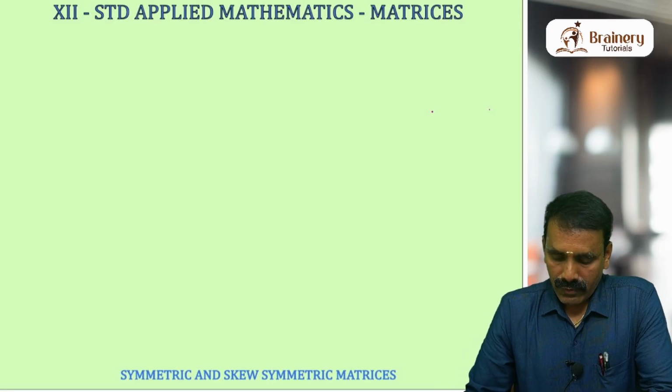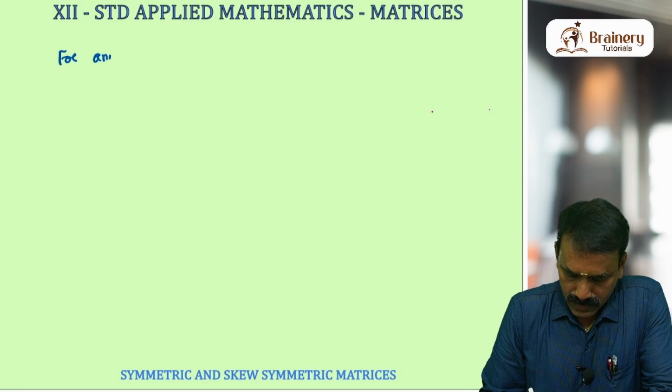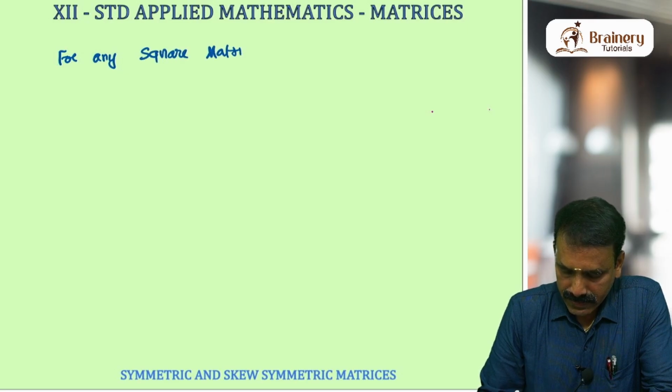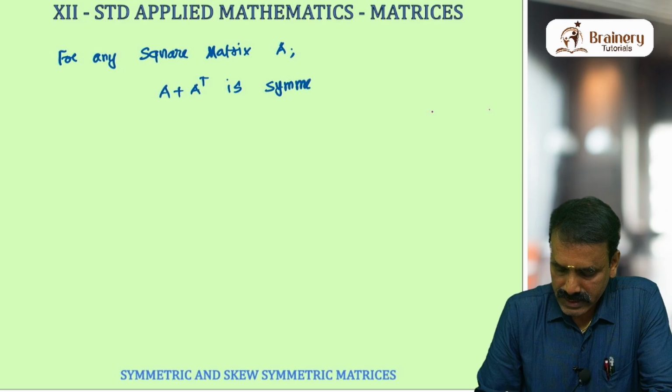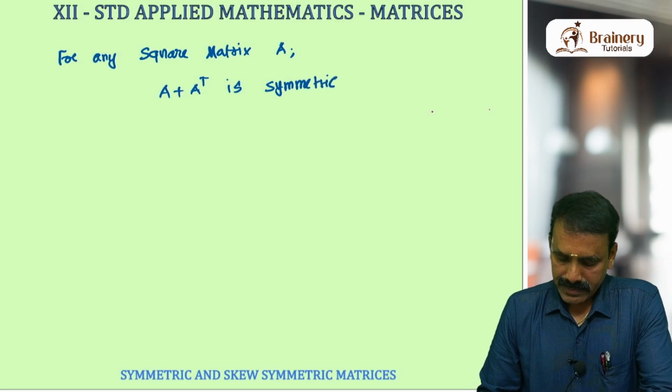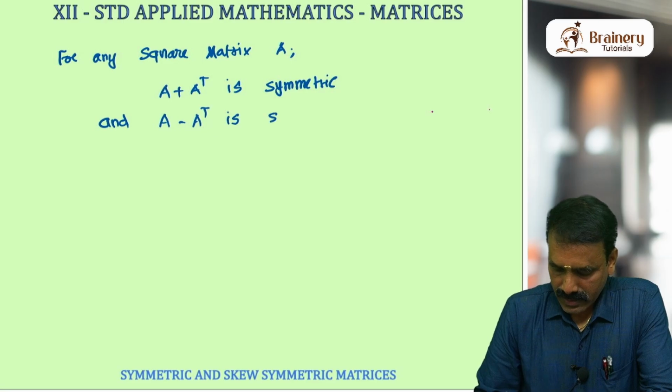We know for any square matrix A, A plus A transpose is a symmetric matrix, and A minus A transpose is skew symmetric.